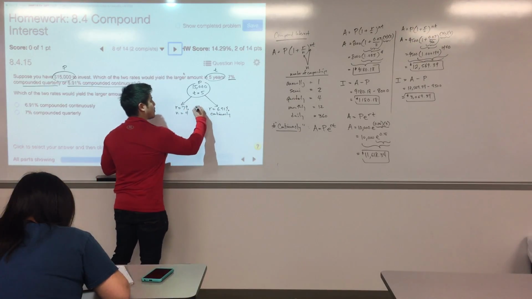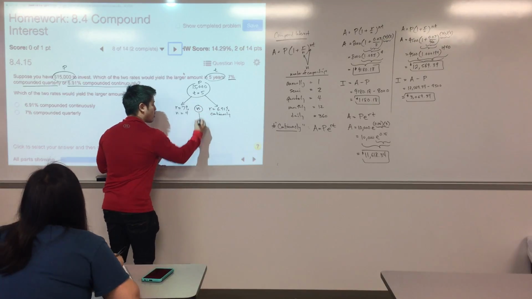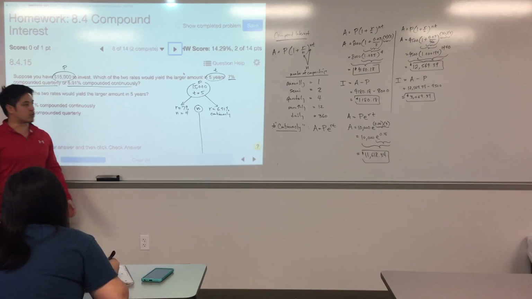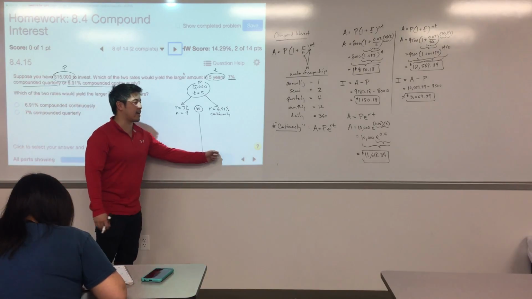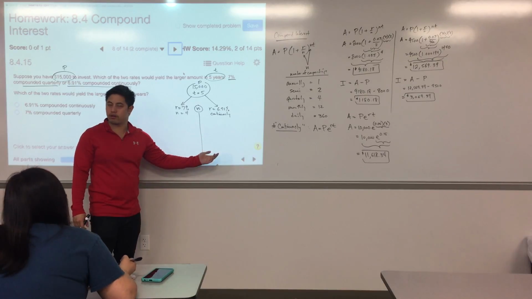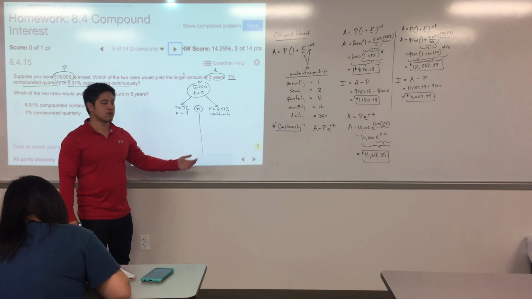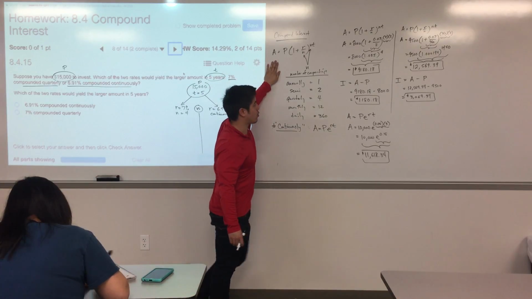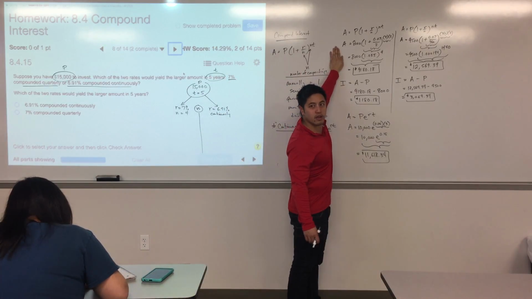And essentially what this amounts to is what? A comparison between 2 problems, isn't it? Whichever one has the higher A at the end, the higher future value, is the account I should go with. Does that make sense, guys? So for this one, you're going to use the compound interest formula, which is solving it this way.